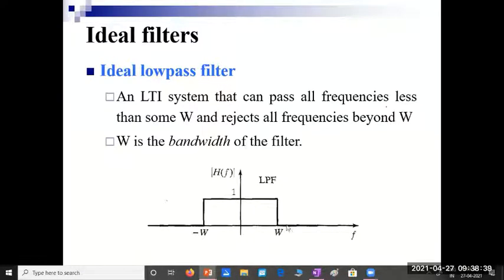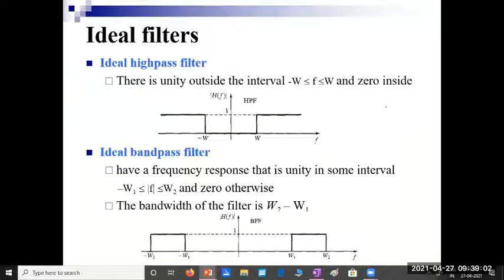Here W represents the bandwidth of the low pass filter. Beyond the cutoff, it will reject all the signals.